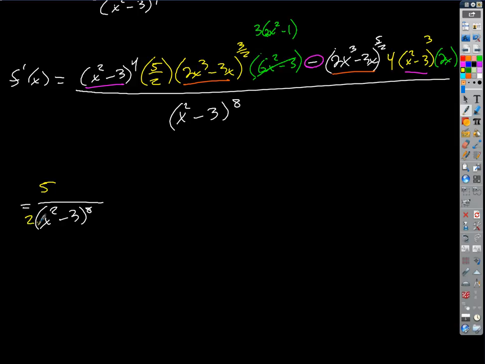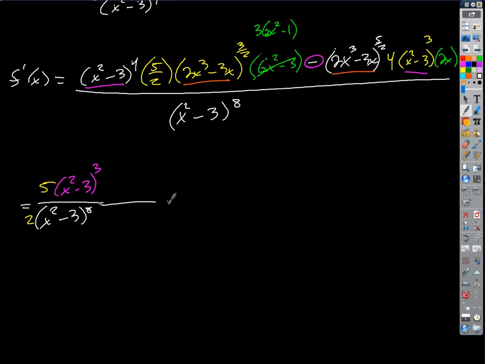Okay, so that's gone. What's the greatest power of x squared minus 3 that I could extract? That's a common factor. I can only take out an x squared minus 3 cubed, agreed? Okay, so I take out x squared minus 3 cubed. What else?